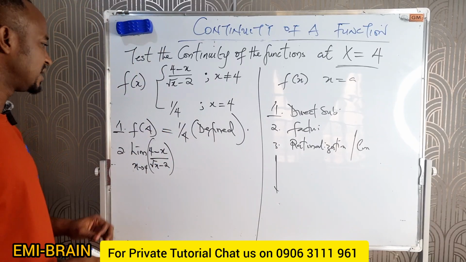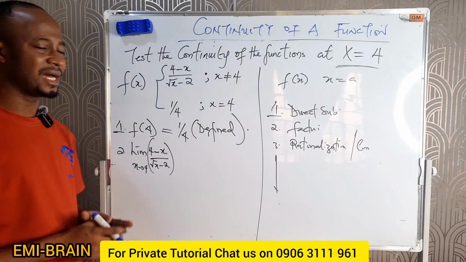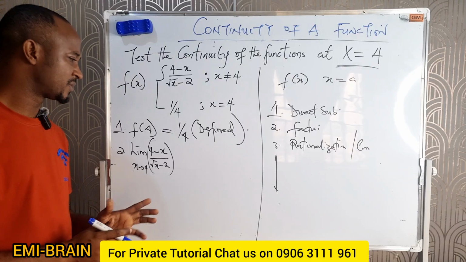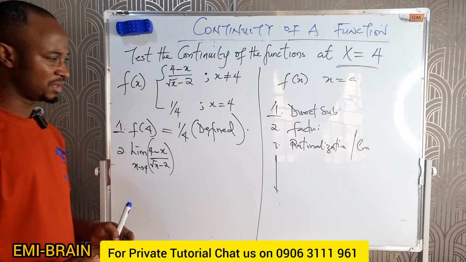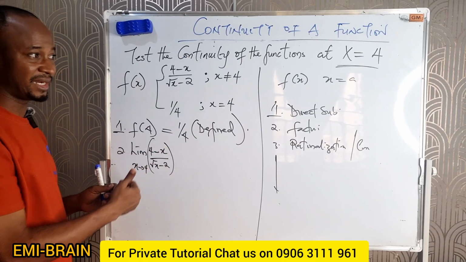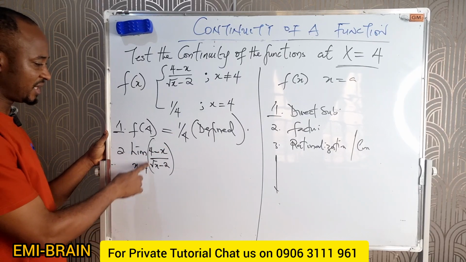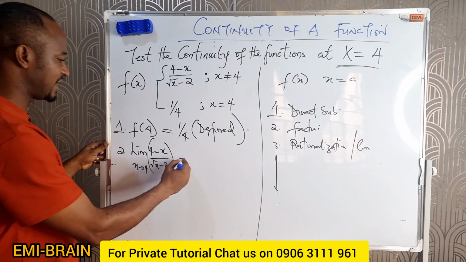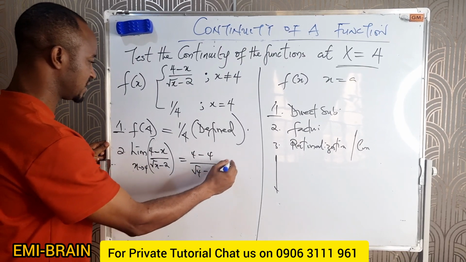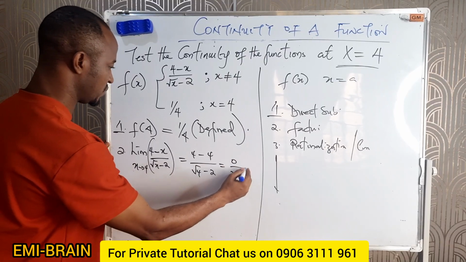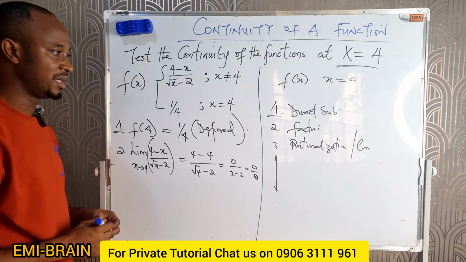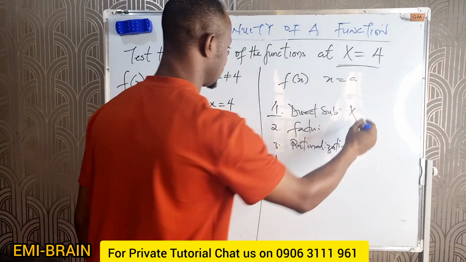If direct substitution gives an indeterminate form, meaning 0 over 0, we have to apply another method. Putting x as 4, I get 4 minus 4 divided by root 4 minus 2, which is 0 over 2 minus 2, which is 0 over 0. That is indeterminate, so I cannot use direct substitution.